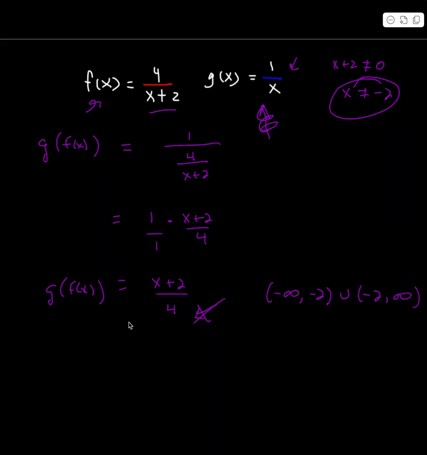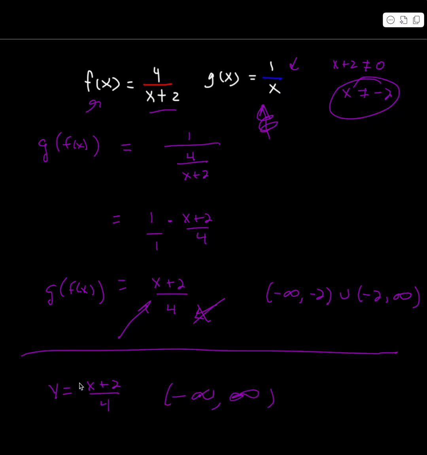Even though the final composite function doesn't have any restrictions on the domain, there's still restrictions because of how the composite function was built. And just to further clarify, if I was just given y equals x plus 2 over 4, there are no restrictions on this domain all by itself, right? Not, ooh, that's a terrible infinity.